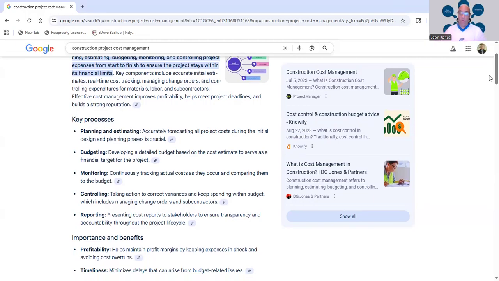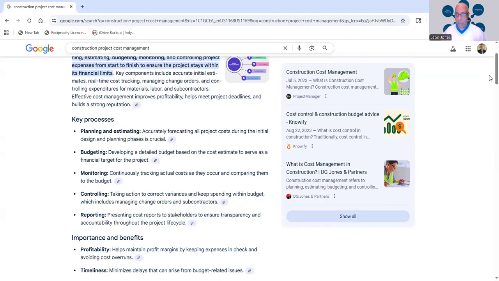And you do this in real life too if you want to maintain money. Well, when you have a budget, what you do, it has to be detailed. So to put everything together, you need to develop a detailed budget based on the cost estimate to serve as a financial target for the project.